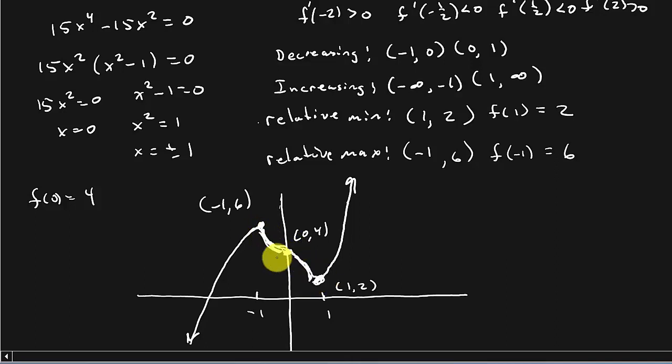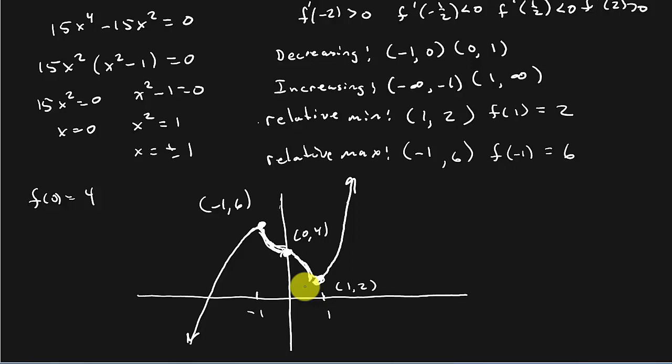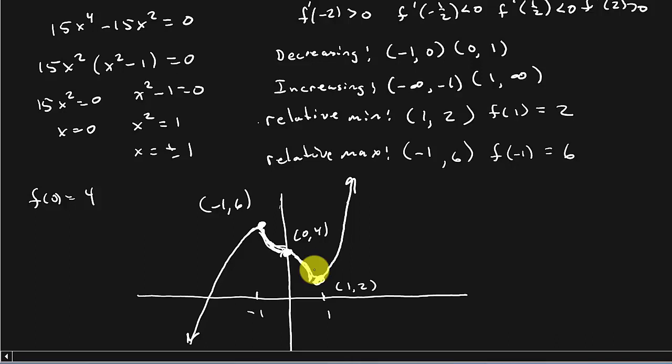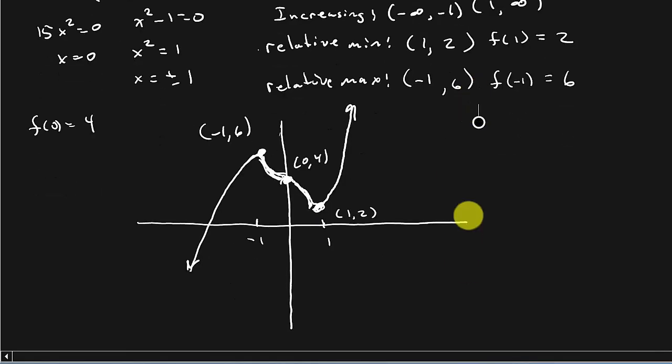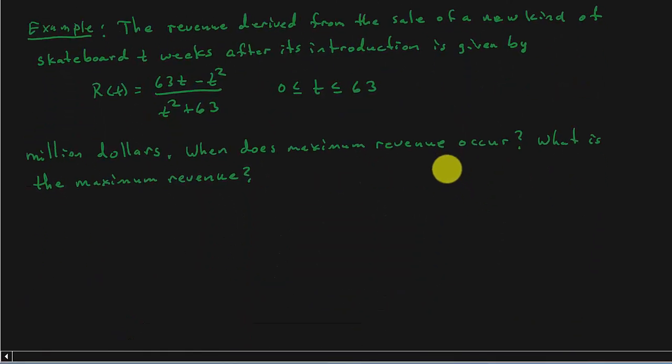Okay, now if that confuses you, how it's curving like that, that's where the next video is going to come in, the concavity of it. We're going to determine, okay, from here to here, it's concave up, it's concave down. We've got a method to determine that with the second derivative, but that's the graph of it. Okay, all right. So now let's do the word problem.